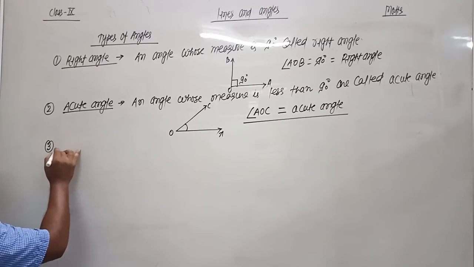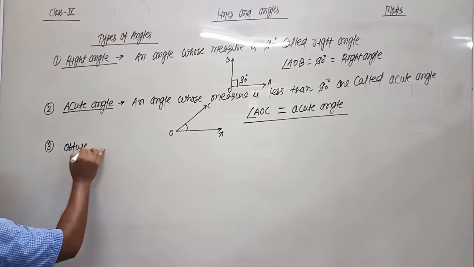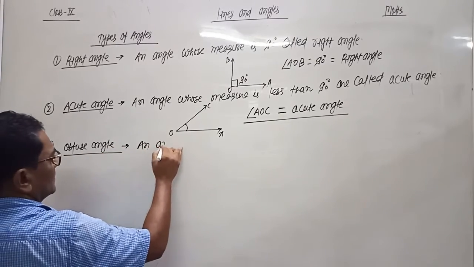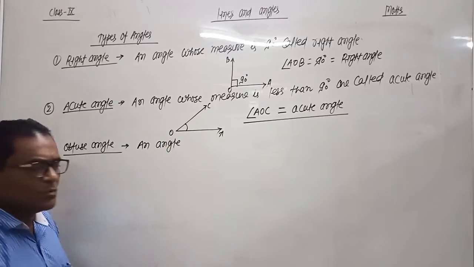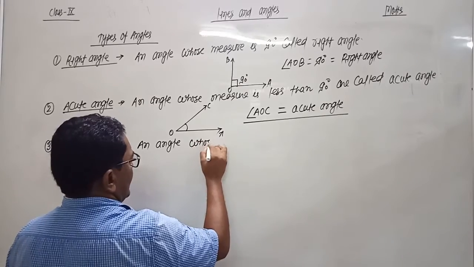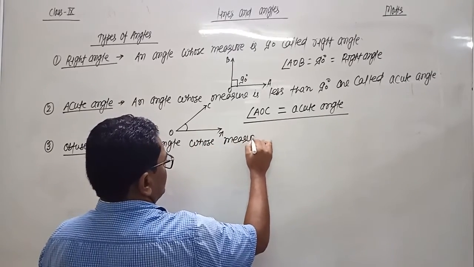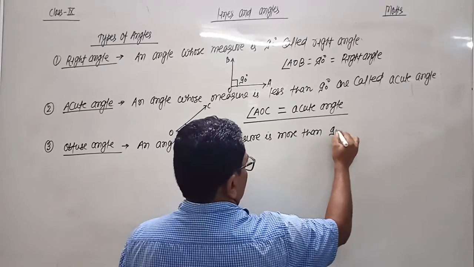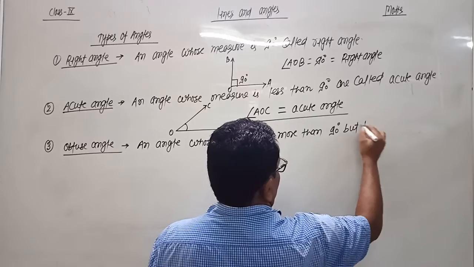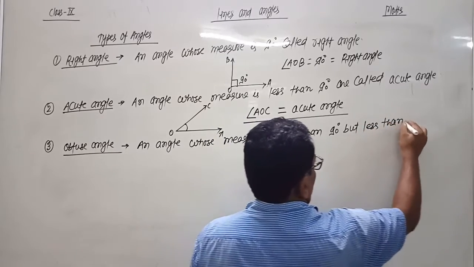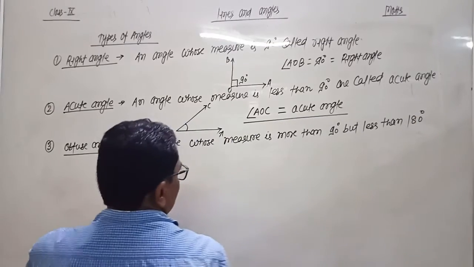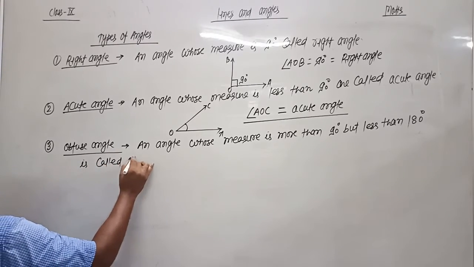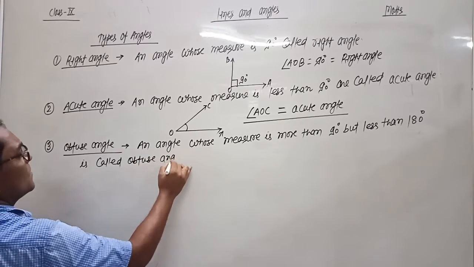Next is the obtuse angle. An angle whose measure is more than 90 degrees but less than 180 degrees is called an obtuse angle.